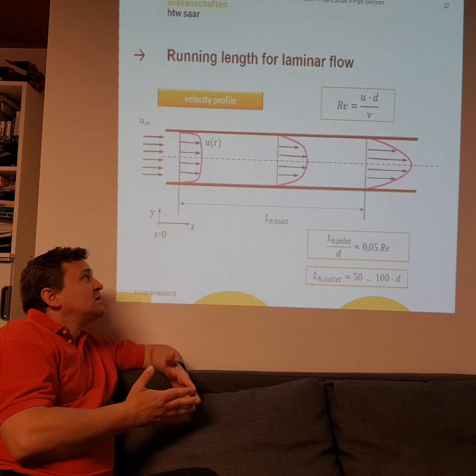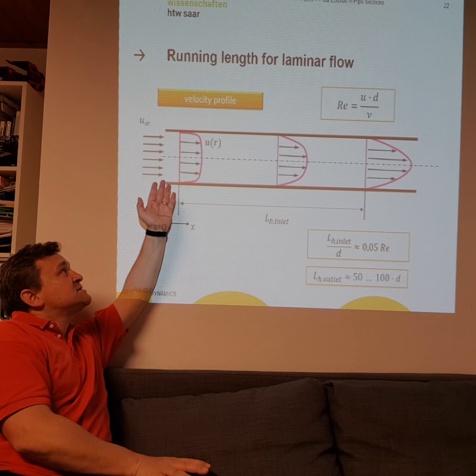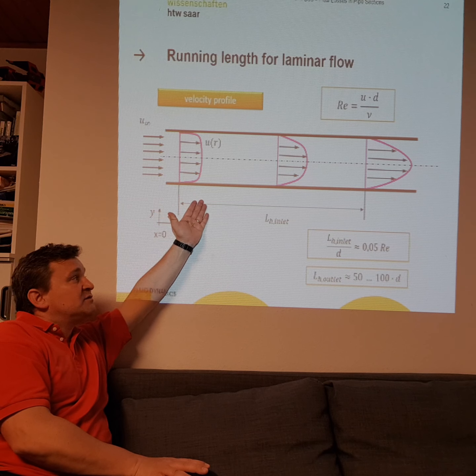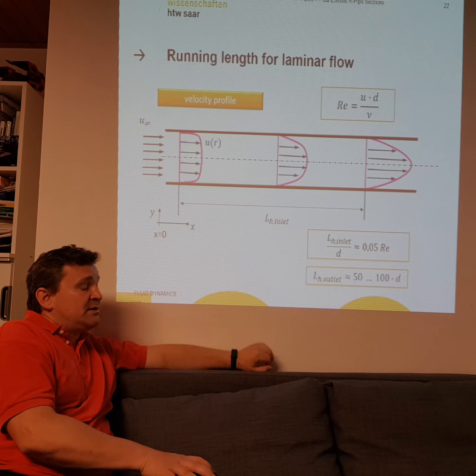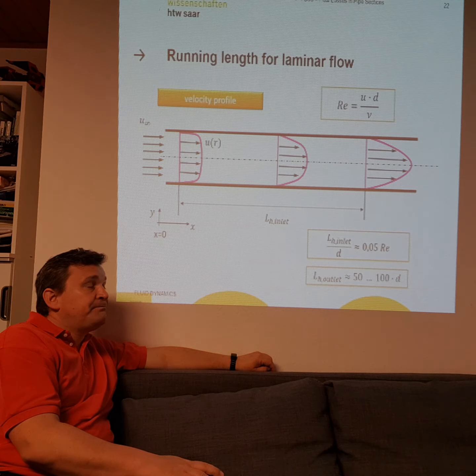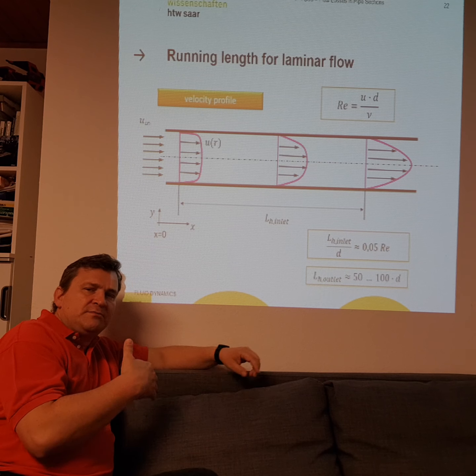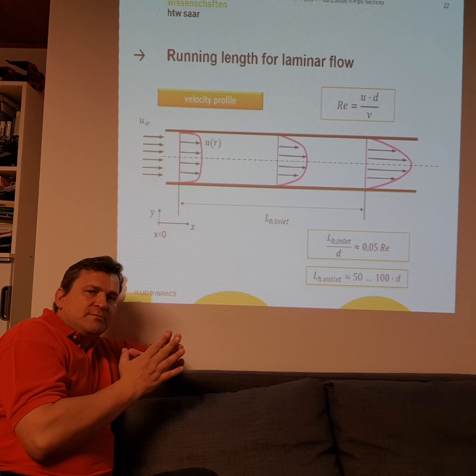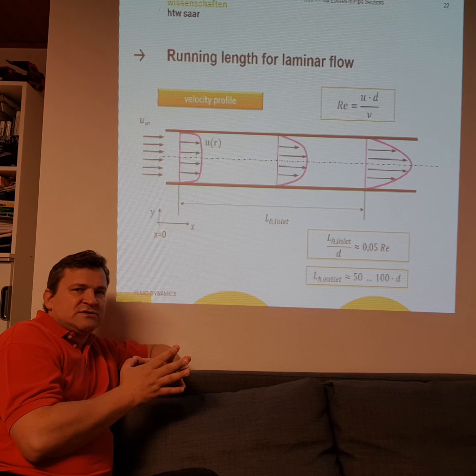So this means the flow will be more laminar. Even when you enter with a turbulent plug flow profile, after some length of your pipe the fluid will be more laminar, and this will have a big effect on the fluid flow.